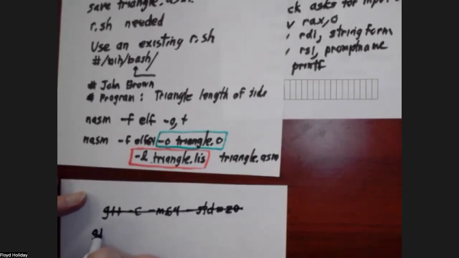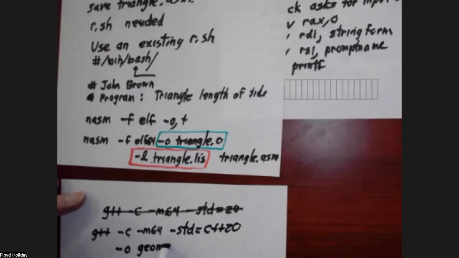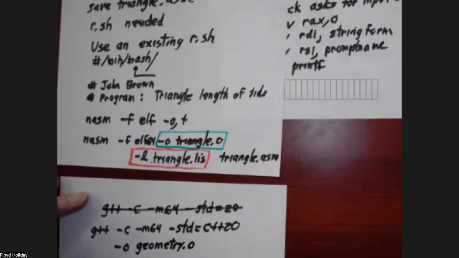Okay. g++ -c -m64 -std=c++20 -o jump. I know I'm missing something, but we'll just go on.